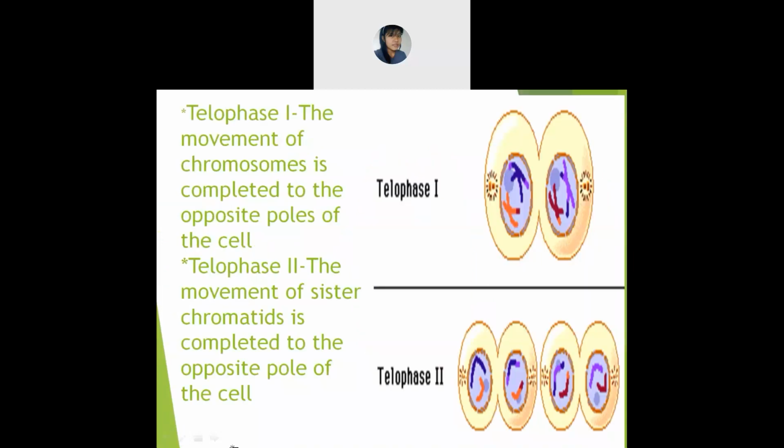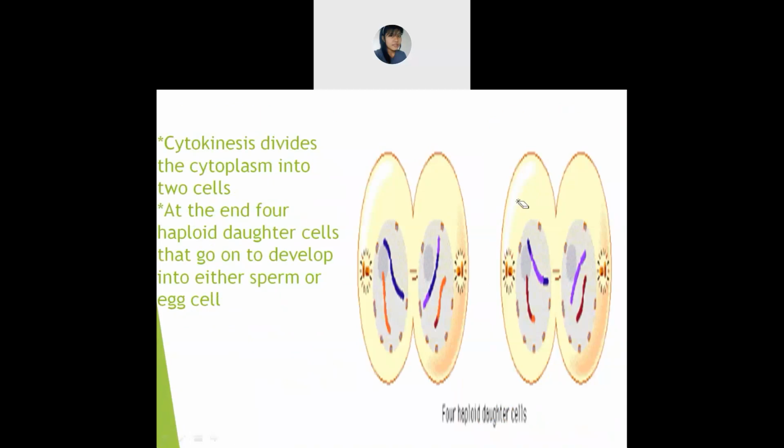You focus on this one, not here. There are two stages in this meiosis, so you focus only on this. What will happen now? The one cell will divide into two cells. Can you see?